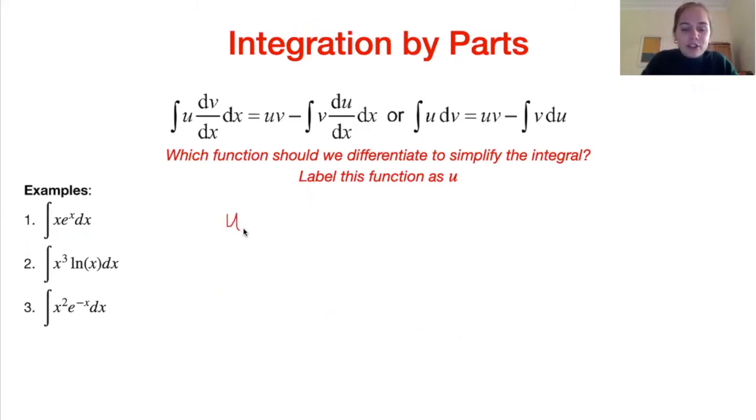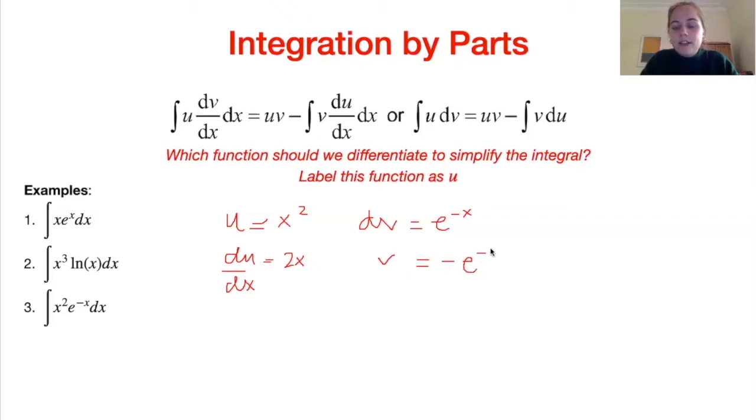So we established that we want to choose u equal to x squared, because that's going to simplify the integral, and dv is equal to e to the minus x. So then du is equal to 2x, and v, again taking the integral of both sides, is minus e to the minus x. Okay, so let's take the first step then.